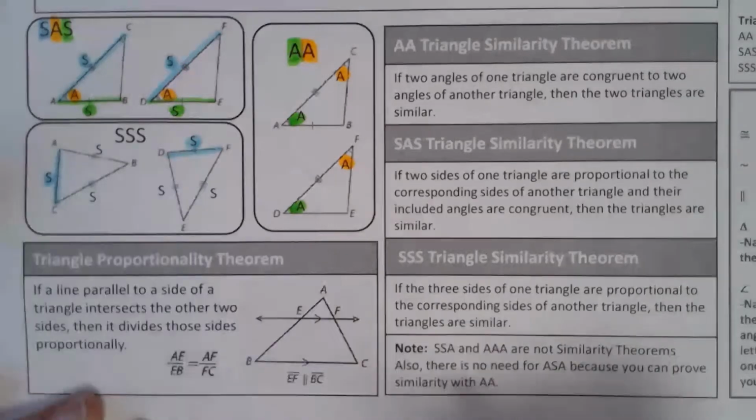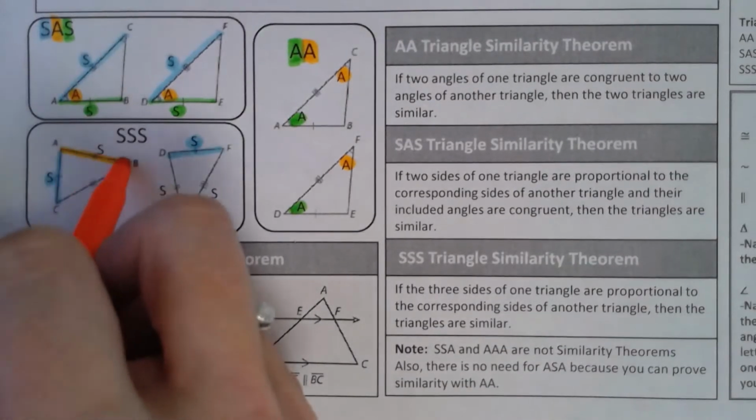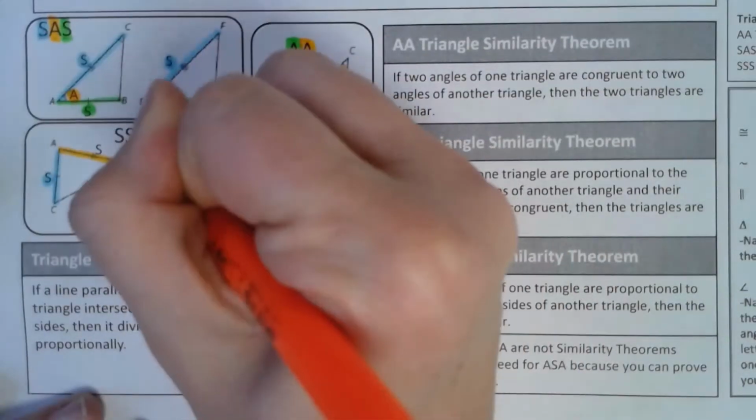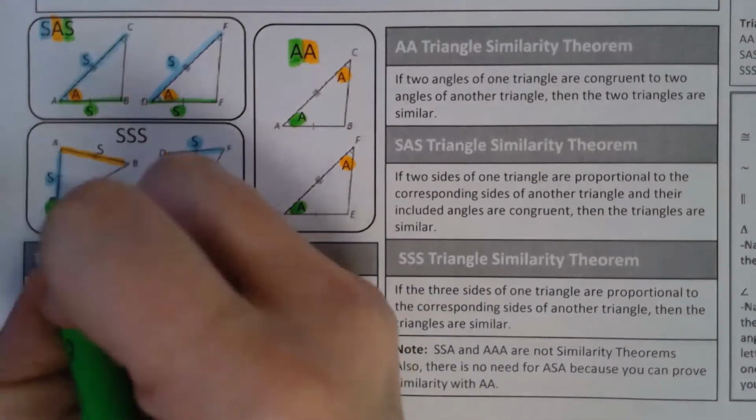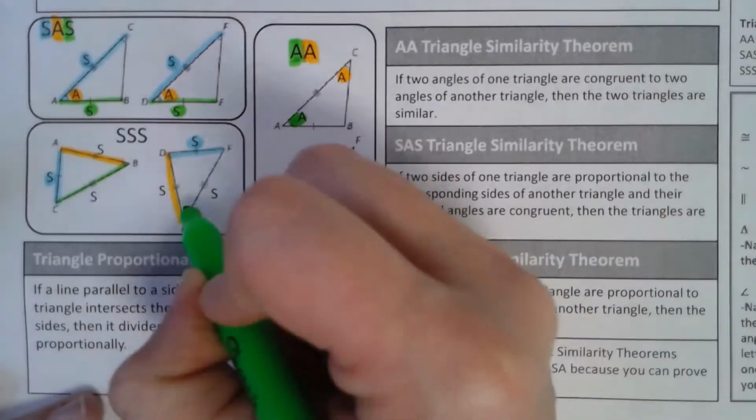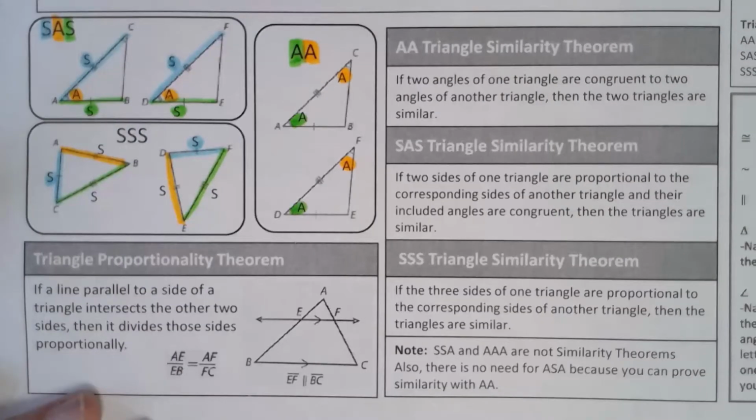We have a side with 2 markings that corresponds to a side with 2 markings. And then finally a side that corresponds to a side with 3 markings.